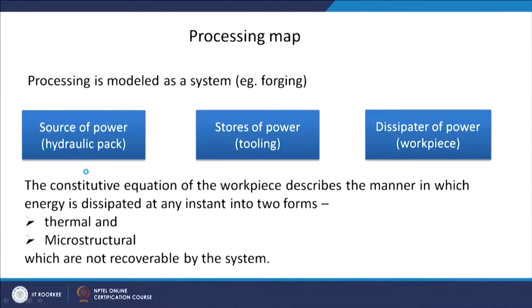So, how are they doing it? The processing is modeled as a system. For example, we are taking an example of forging here. Already we know how the forging process takes place. You have a kind of hammer, or movable ram, and your workpiece is there, and you have a compressive deformation. So, what is moving the ram?